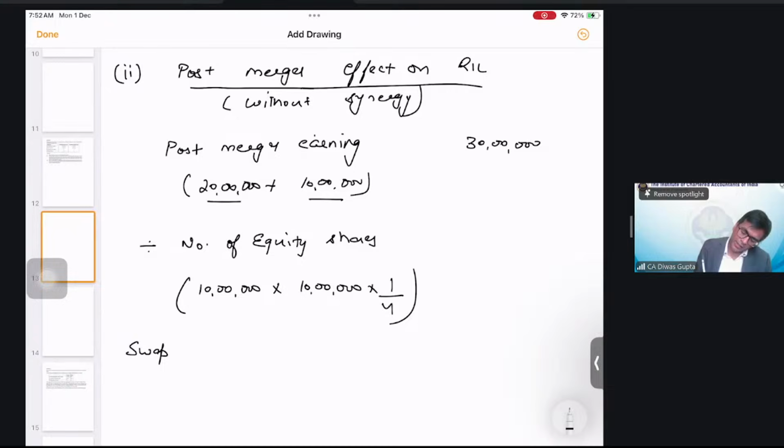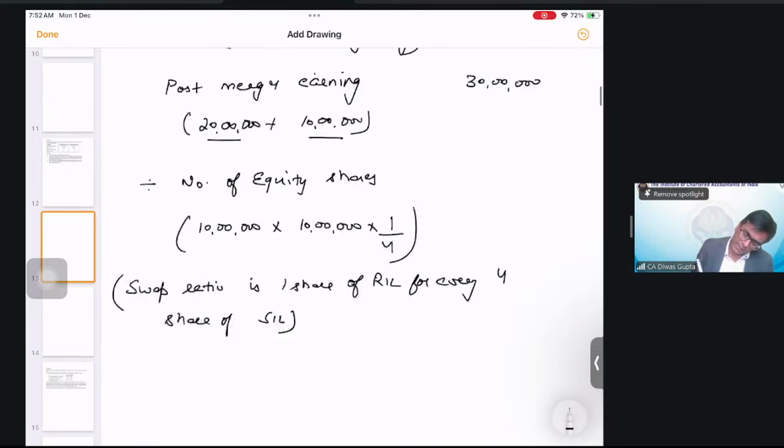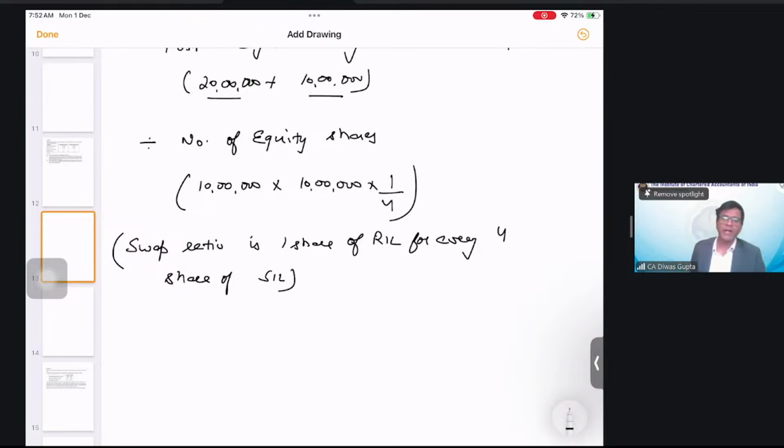So we can just mention here swap ratio is 1 share of RIL for every 4 shares of SIL. Correct? So that we have adjusted here as the swap ratio.